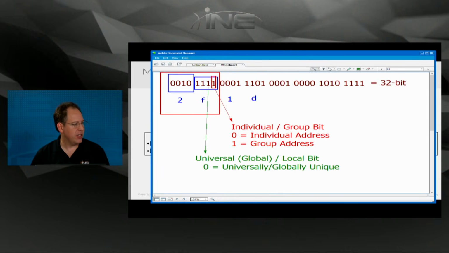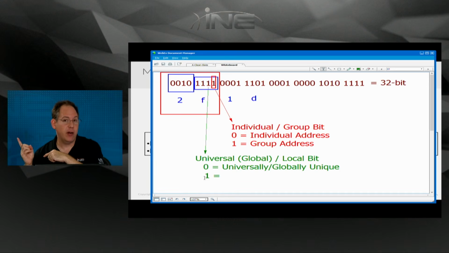Now, if I was to go into a device and change its MAC address, which you actually can do on most devices, there's nothing that forces me to do this, but if I'm changing my MAC address, what certainty do I have that the new MAC address I'm putting on there manually isn't already out there in the world somewhere that's reserved for somebody else? I don't know.